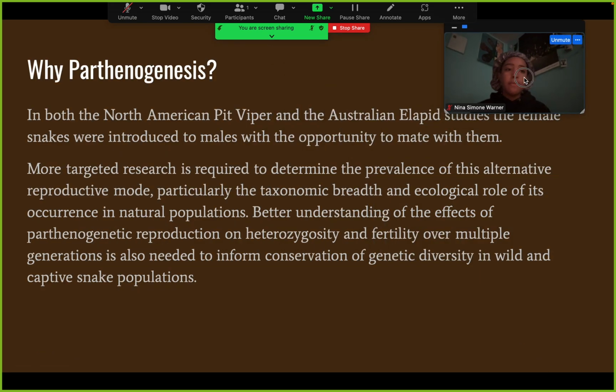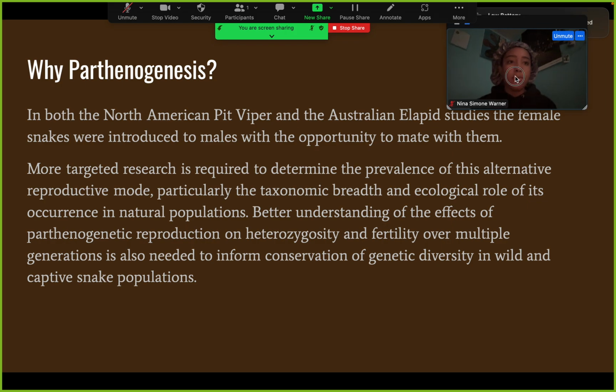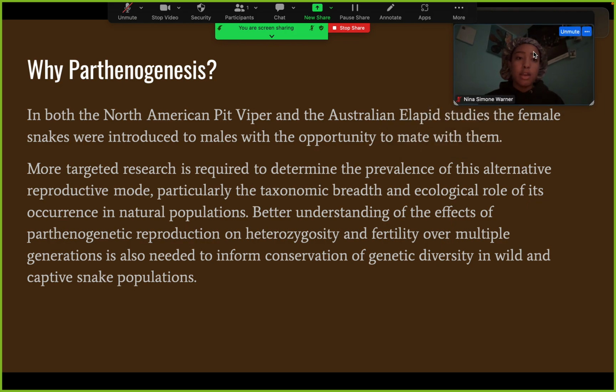So in conclusion, why parthenogenesis? Researchers still don't know, because other species use parthenogenesis as a means to repopulate when the population is low, when there are no males. However, we're not seeing this trend in this research on snakes.